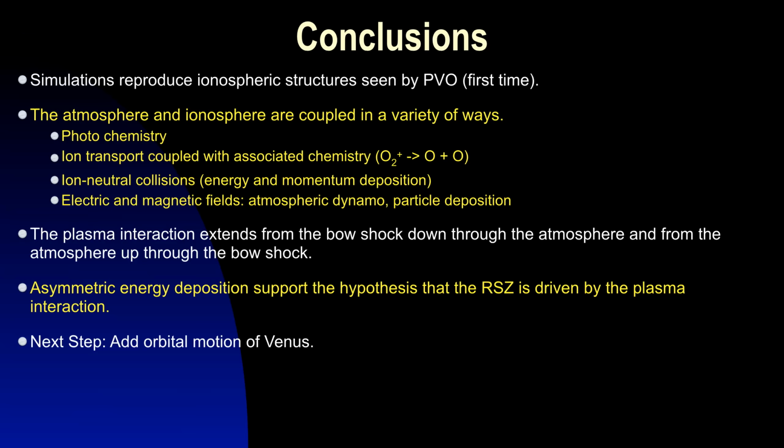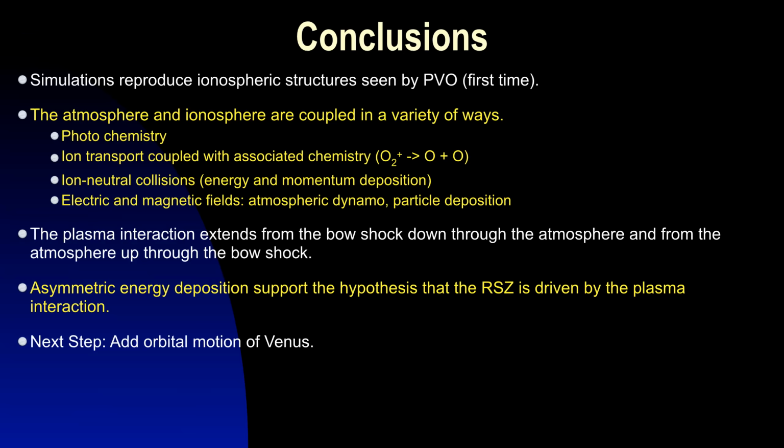Electric and magnetic fields are coupled in part by this atmospheric dynamo and particle energy deposition. So because of this, the plasma interaction extends from the bow shock down through the atmosphere and from the atmosphere up through the bow shock. To understand the interaction, you really need to understand all those pieces.